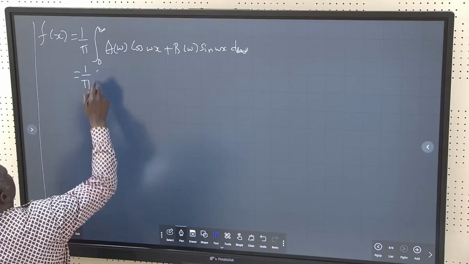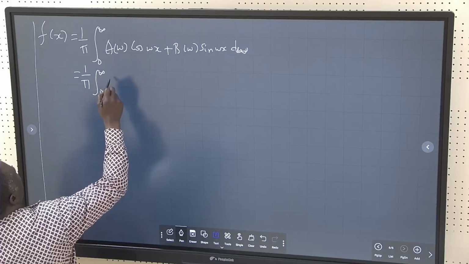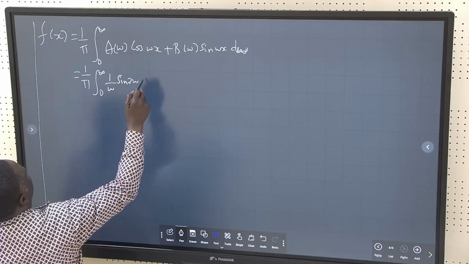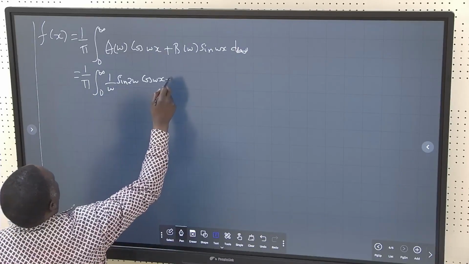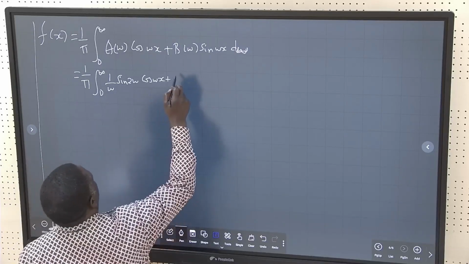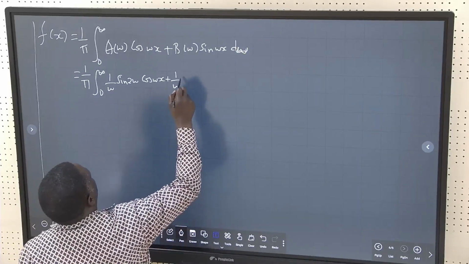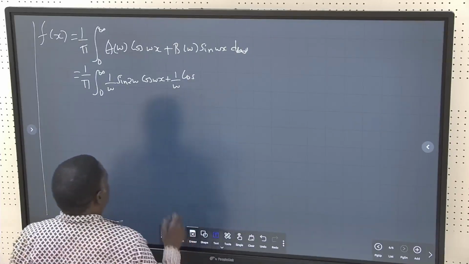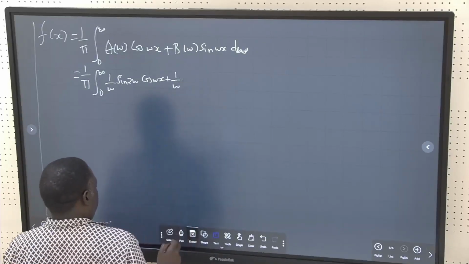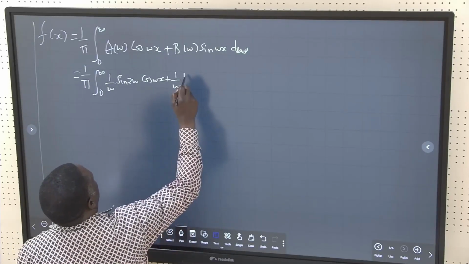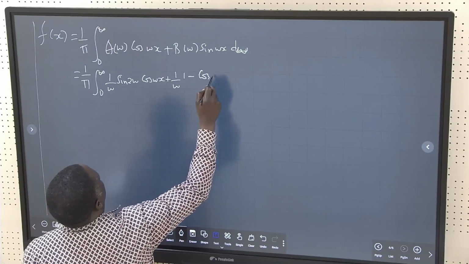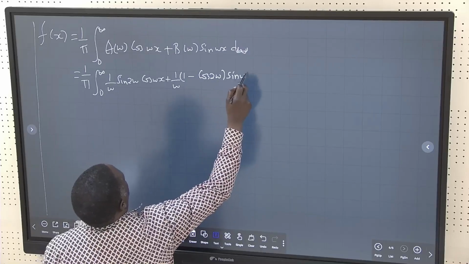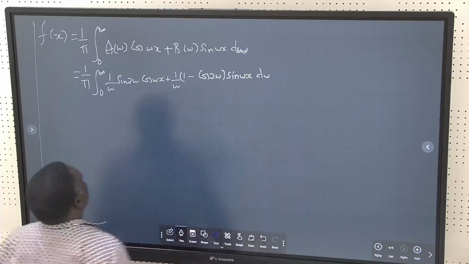We have 1 over pi, the integral from 0 to infinity. Our a(ω) is 1 over ω sine 2ω cosine ωx plus, and our b(ω) is 1 over ω, sorry, times 1 minus cosine 2ω sine ωx dω.